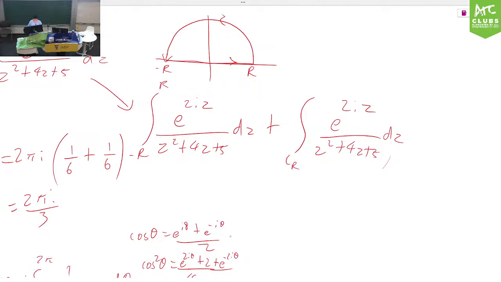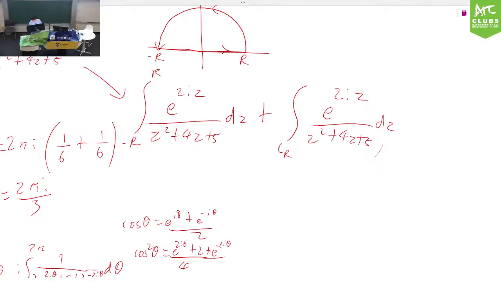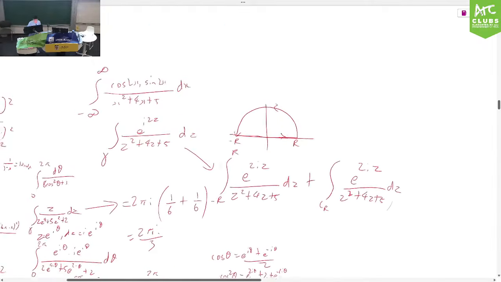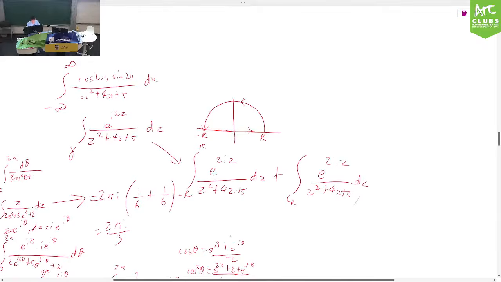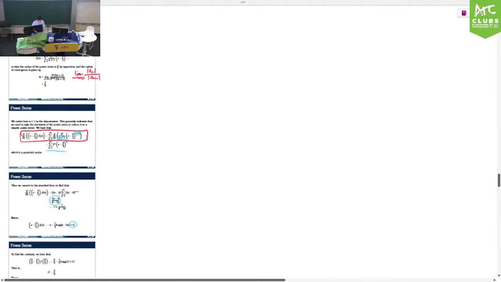Okay, so the idea here is that we're going to use the ML lemma.